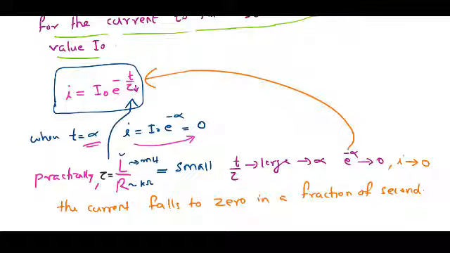But theoretically, what we have seen here, when the time tends to infinity, I is equal to I0 e power minus infinity according to this expression. That is, the current decays to 0 only after infinite time.